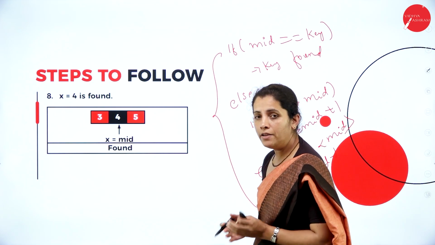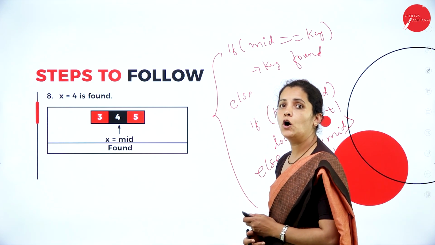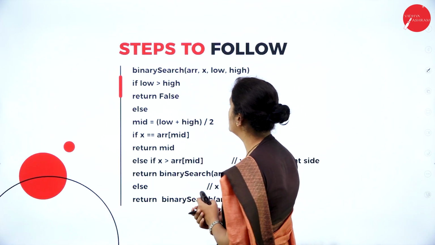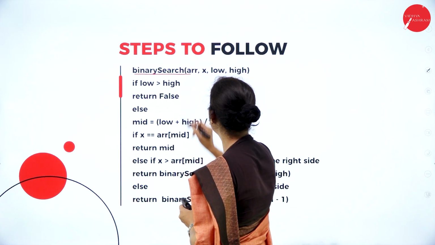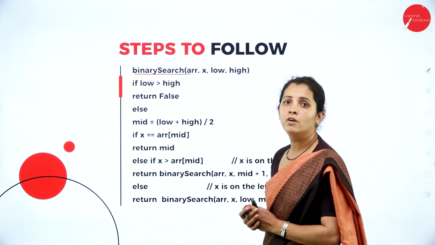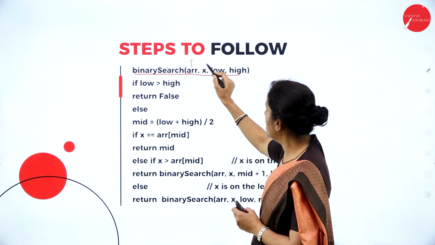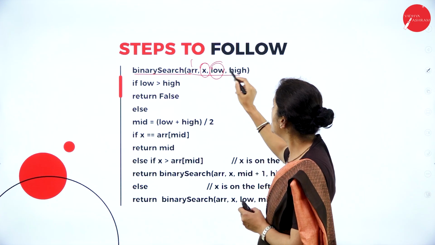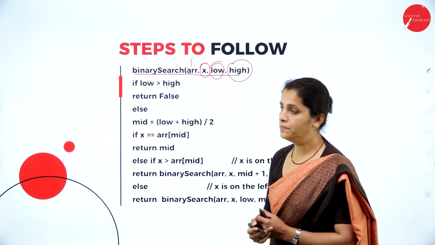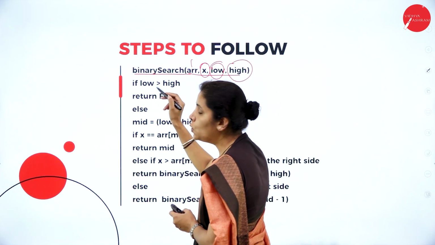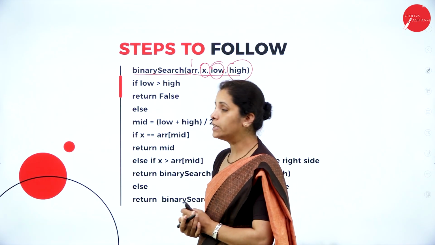Anyway, dear student, let's discuss the algorithm, that is the binary search algorithm. The binary search algorithm takes 4 elements: the array, key, low value and high value. Initially, low points to the 0th index.